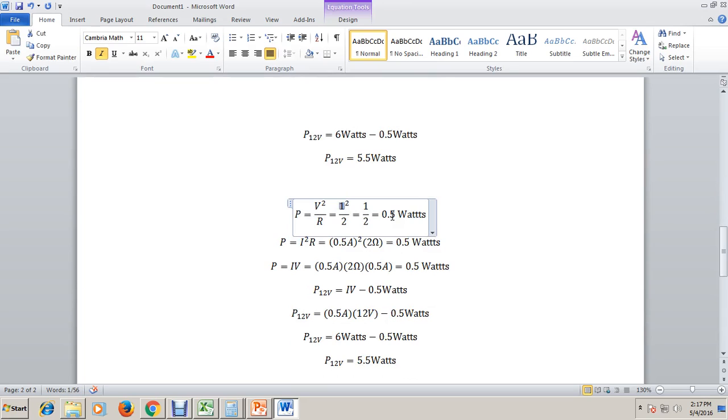And this becomes 1 watt. Let me repeat that again. So this becomes 2, this becomes 4, this becomes 4 over 4, and this becomes 1 watt.